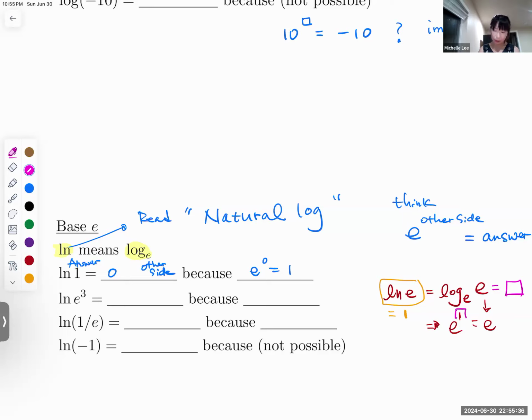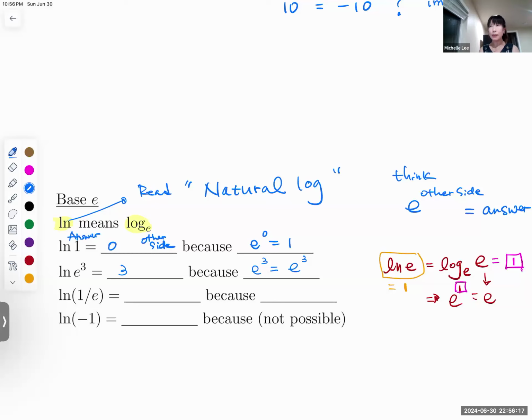So this is the pink: e to the 1 to make e, right? All right. Then in that case, what do you get? We get 3 here, because base e to the 3 equals e to the 3, yeah? It's okay?